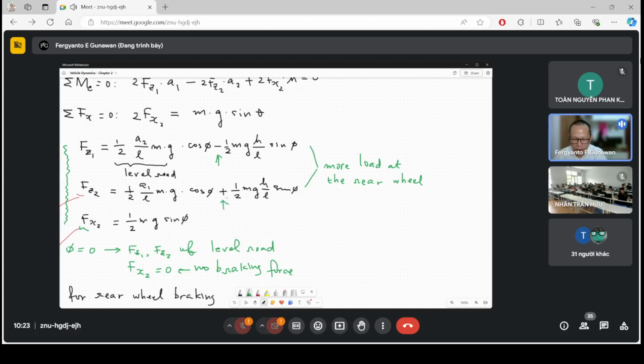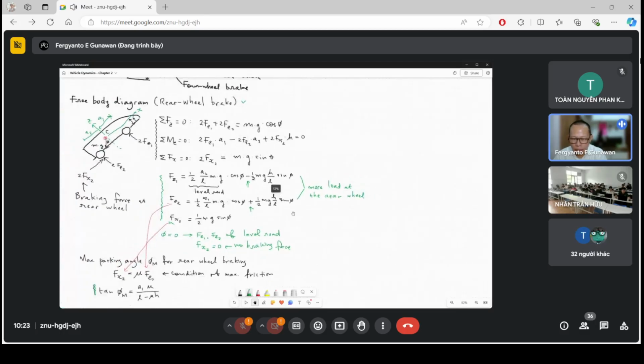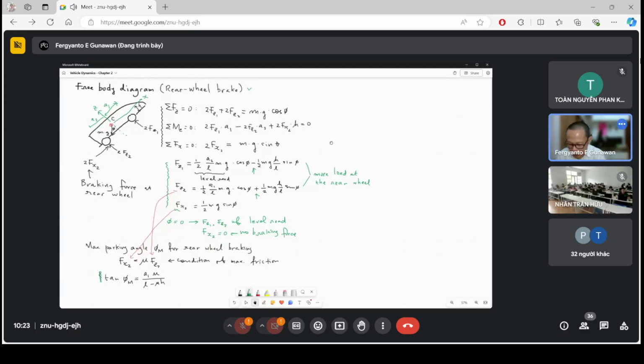So the rear wheel will receive more force, right? That is the most important part. This is a very important formula, right?